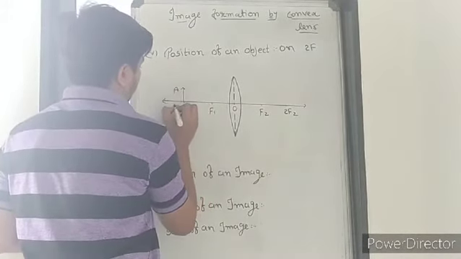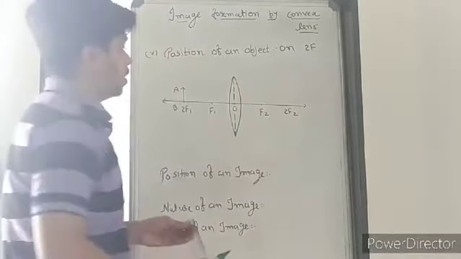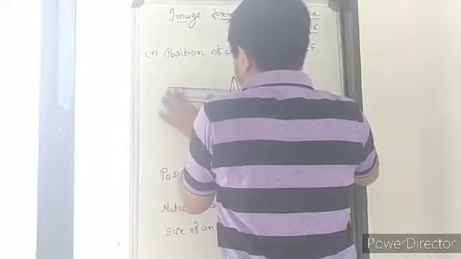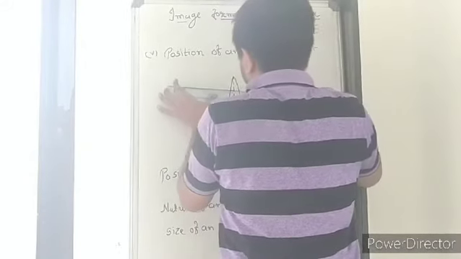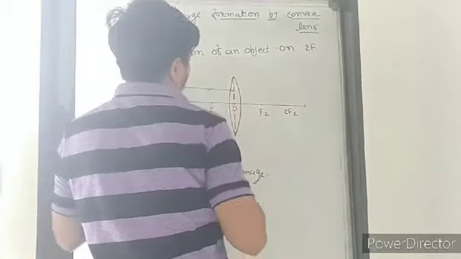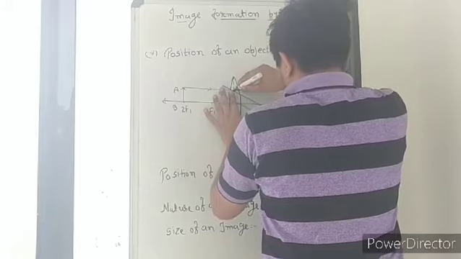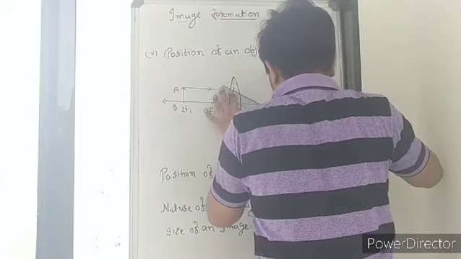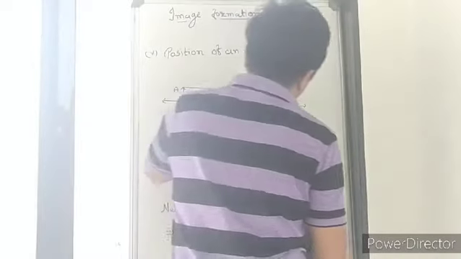2F, A, B. From A, you have to pass the 2 rays. First is parallel to the principal axis. After refraction, it passes from the principal focus.